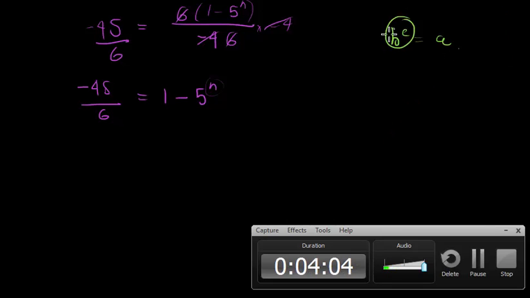So I want my base exponent by itself, which is 5 to the power of n. So if you want to, then put it as a k. Remember that. Put it as a k. So 1 minus k, so k is equal to 1 minus negative 4s over 6, which gives me plus 4s over 6.